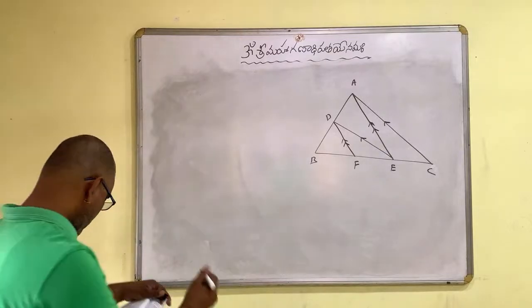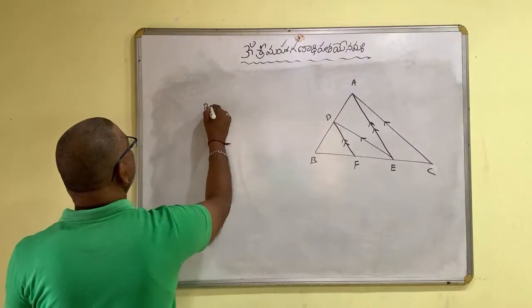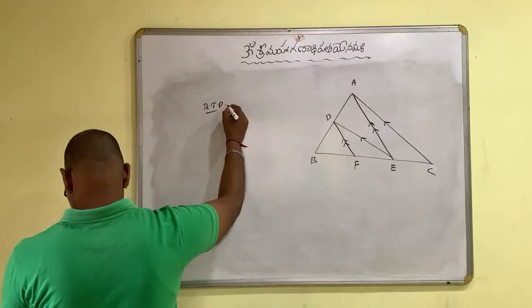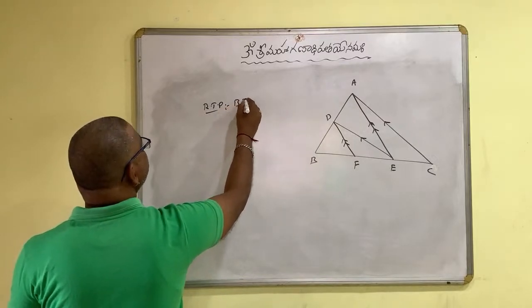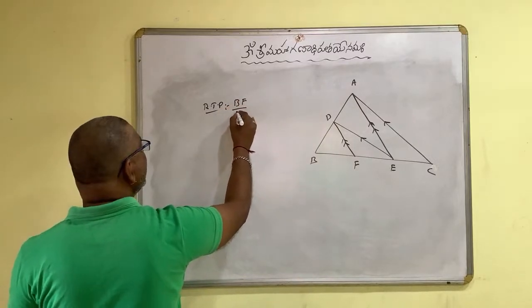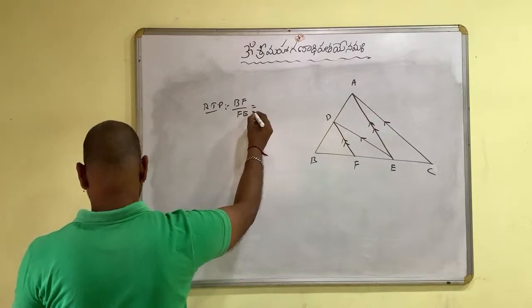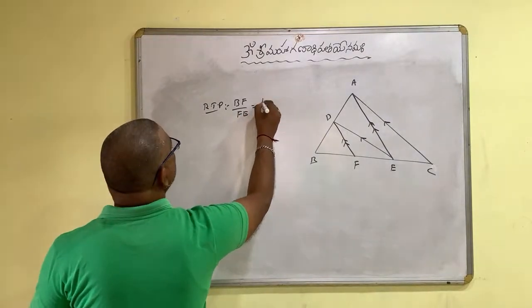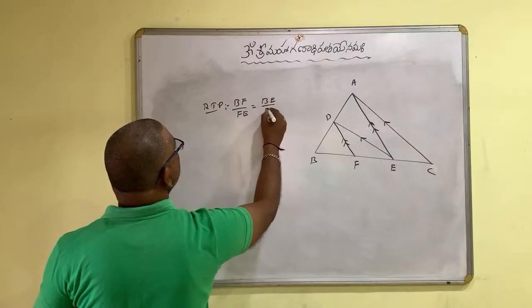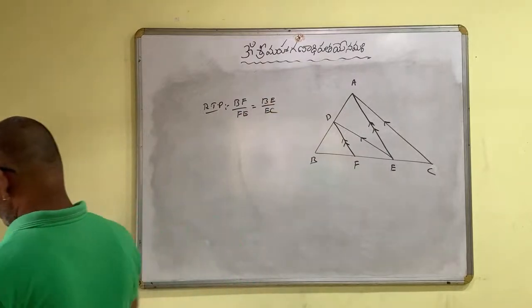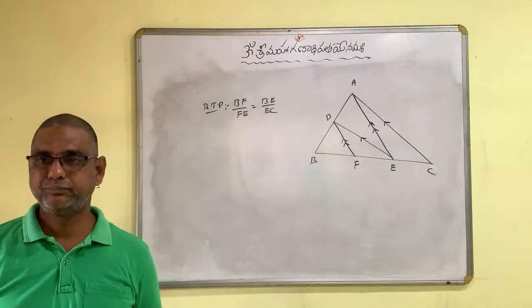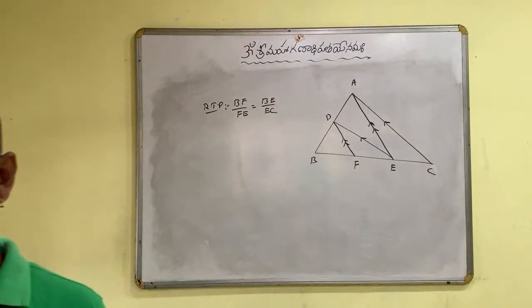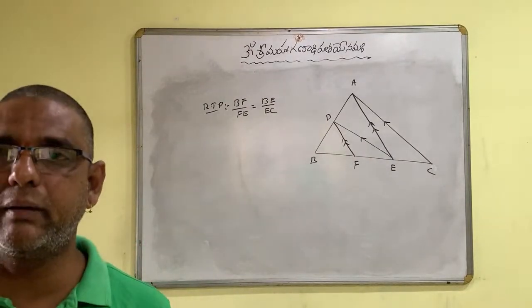So what we have to prove? Required to prove: BF by FE equals BE by EC. Okay, BF by FE equal to BE by EC.